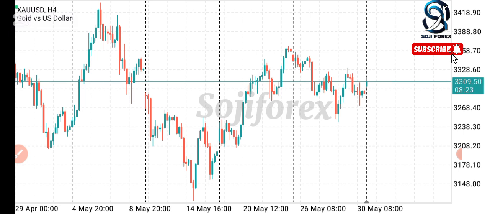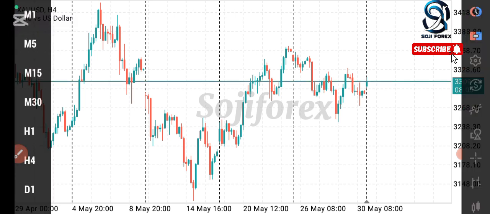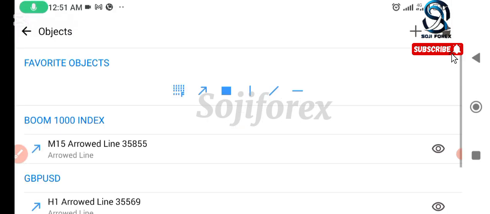So why are they points of reaction? Because at each of these levels, there is a reaction of the market participants, a reaction to sell or a reaction to buy. So price can be buying, just like in this scenario.